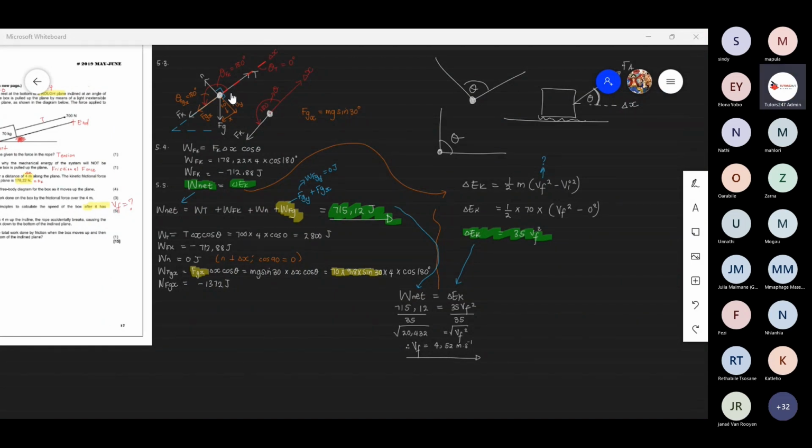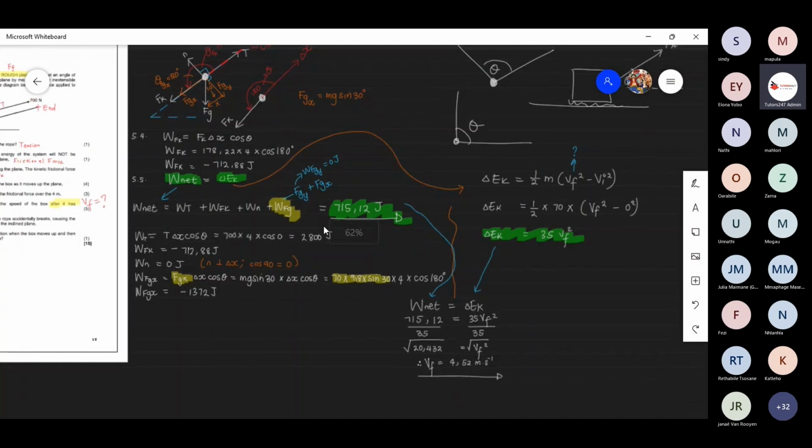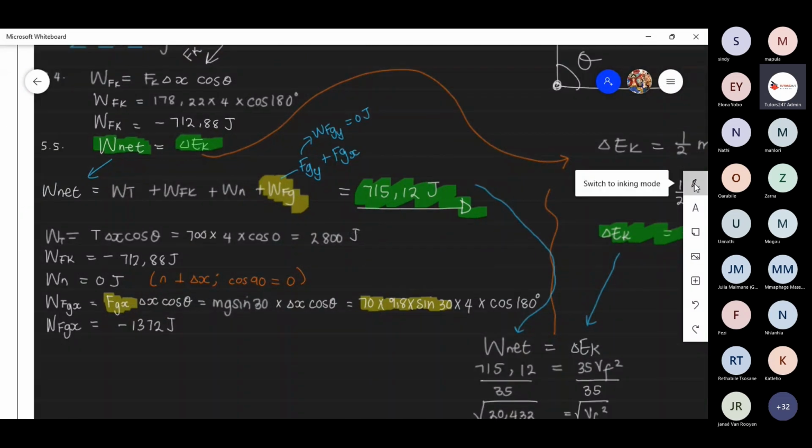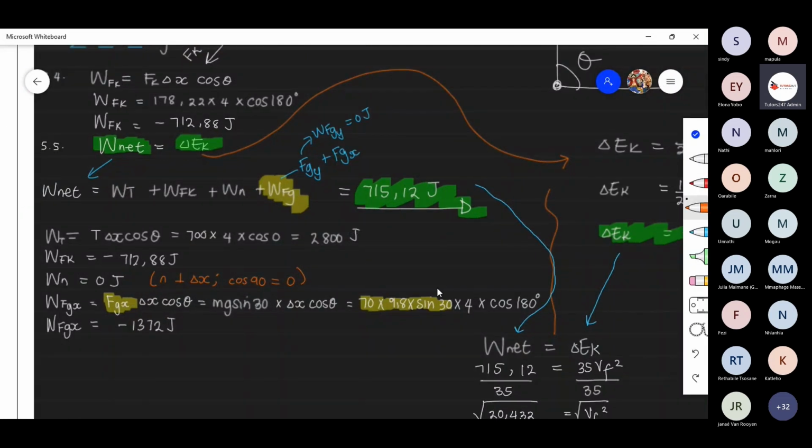How did you get 715.12 as the net work? Okay, Sehofatso, we calculated the net work by adding up all the individual works. So that 715 came from adding up positive 2,800, negative 712.88, 0, and negative 1,372.